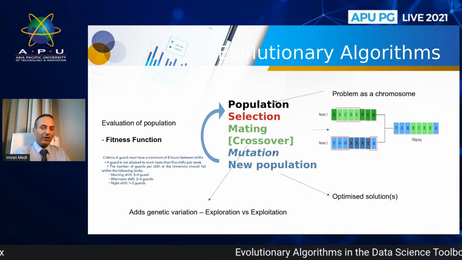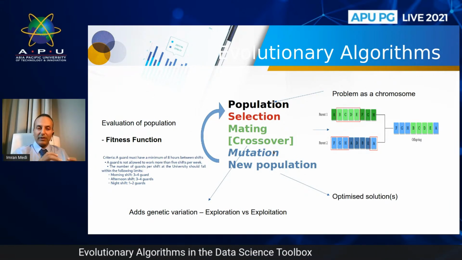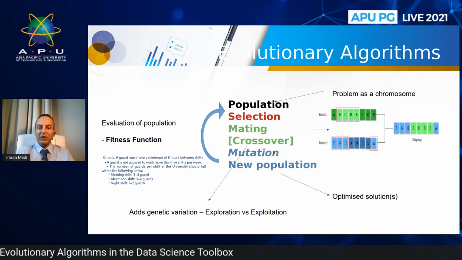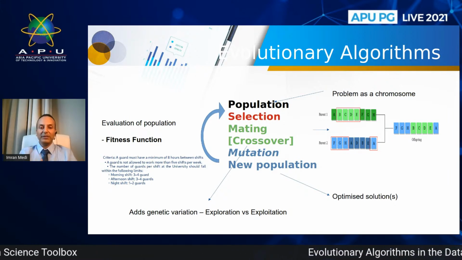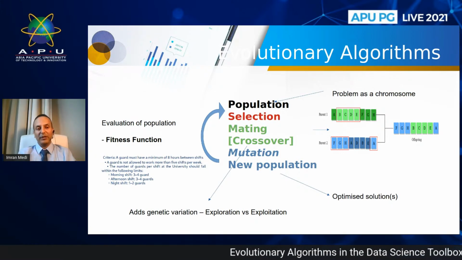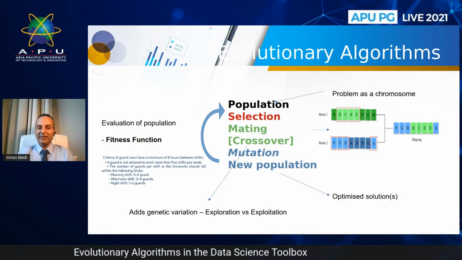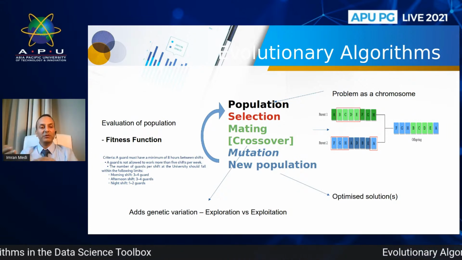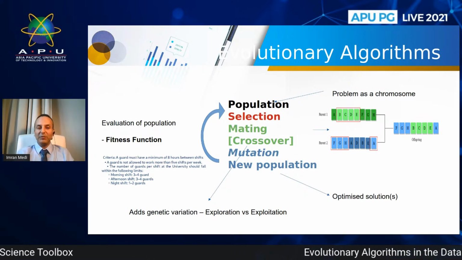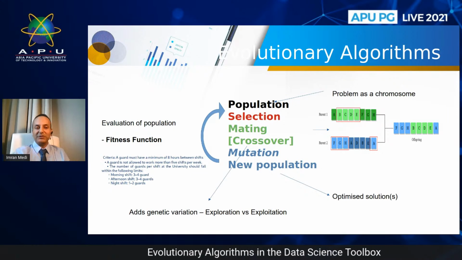Mutation adds that genetic variety. So instead of just mixing the existing genetic material of our population, we can add variation, and that allows us to balance what's referred to as exploration versus exploitation. If we think of this as a physical space containing all the possible solutions for this problem, we're searching this space to find the optimal solution.